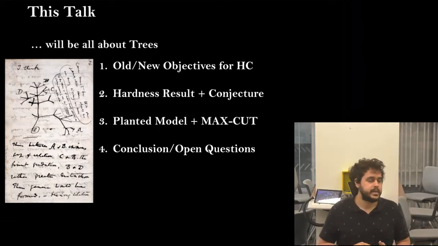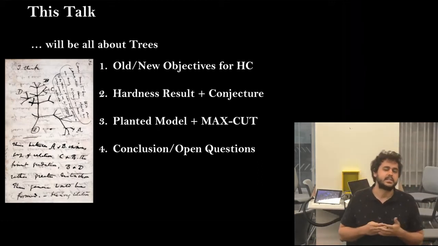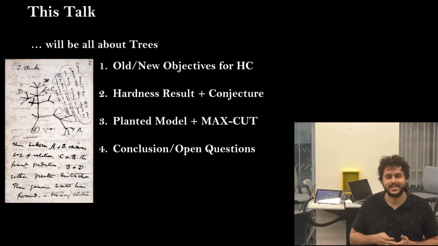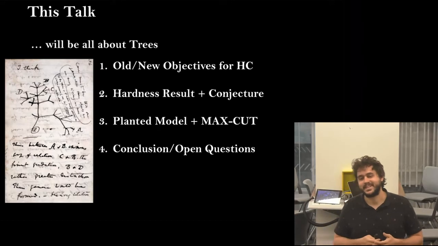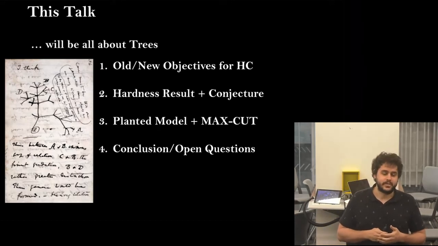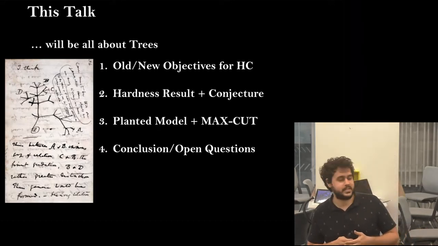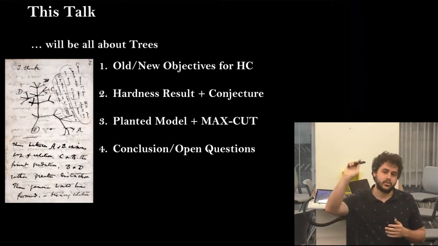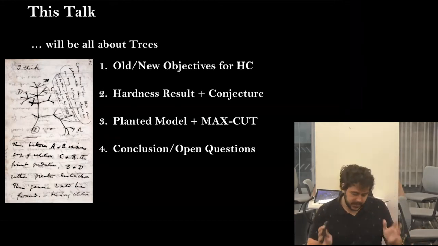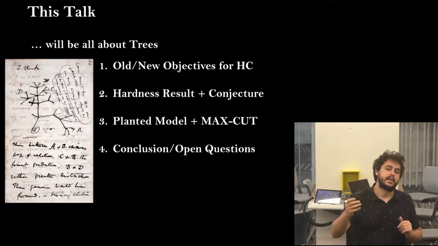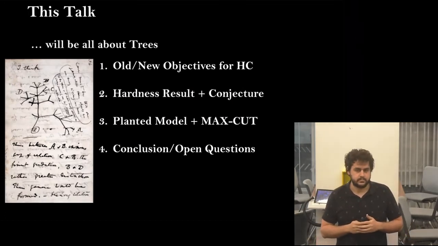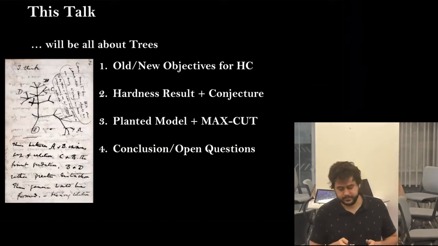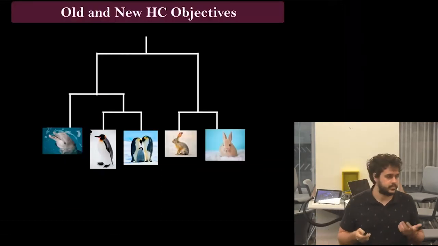Then I will describe a hardness result that I really like, followed by a conjecture that I'll try to convince you is reasonable. Then I want to describe a simple planted model where we have a ground truth solution and an algorithm based on max cut. And then I will conclude with some open questions. Feel free to interrupt any time.